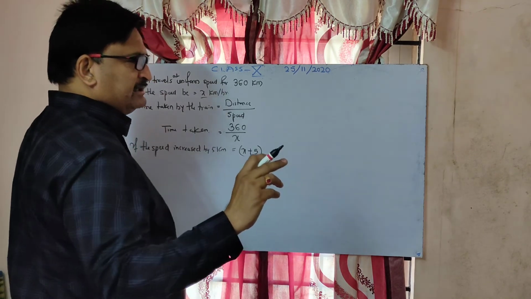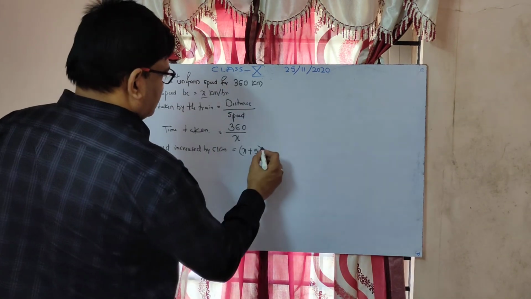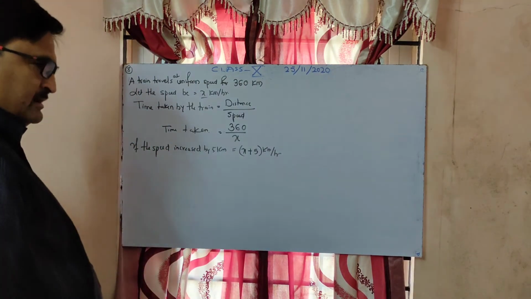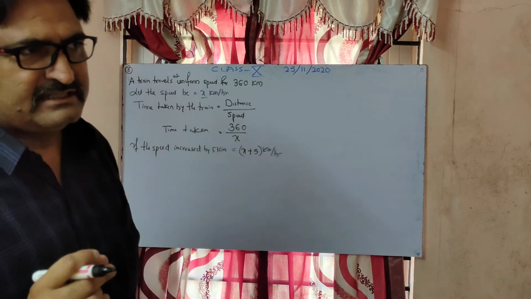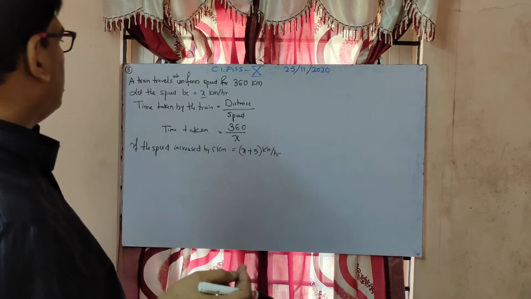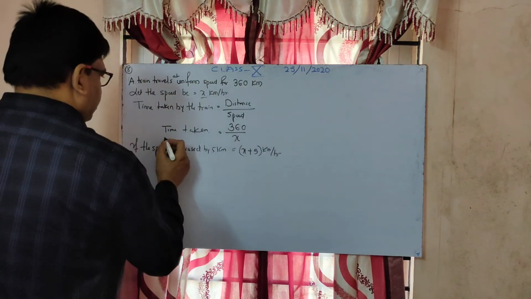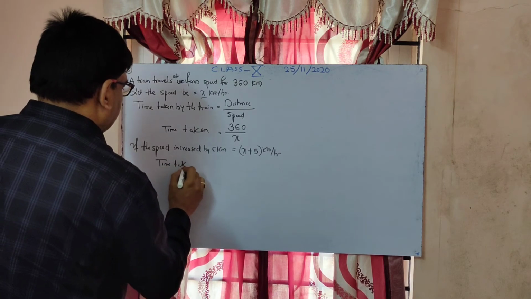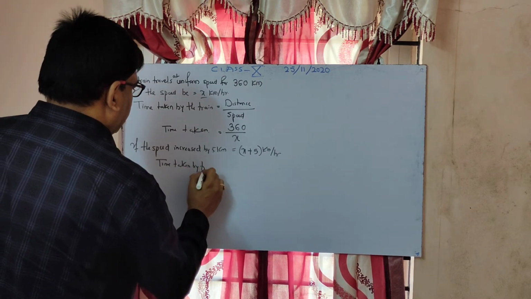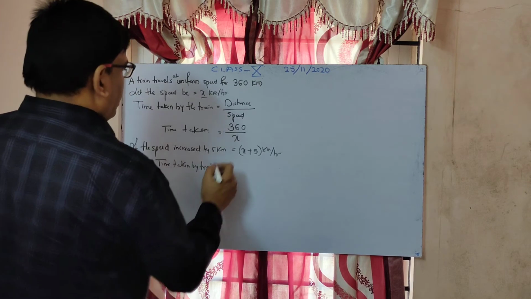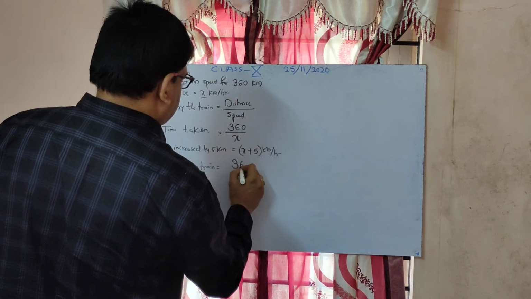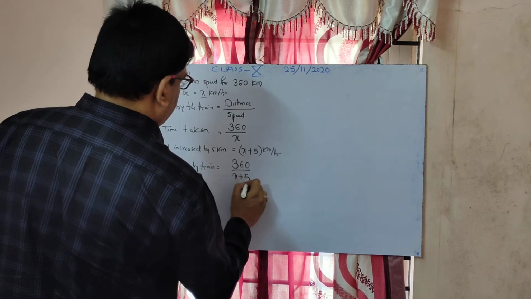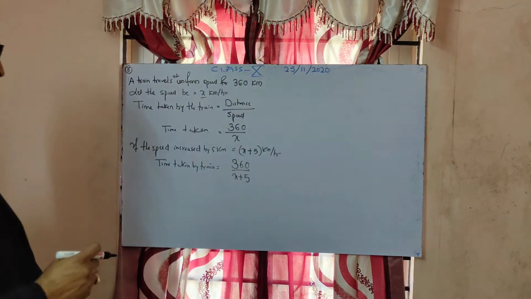Now the speed of the train has increased, so this is x plus 5 kilometer per hour. The distance is same. So time taken, same formula: distance divided by speed, that is 360 divided by x plus 5.